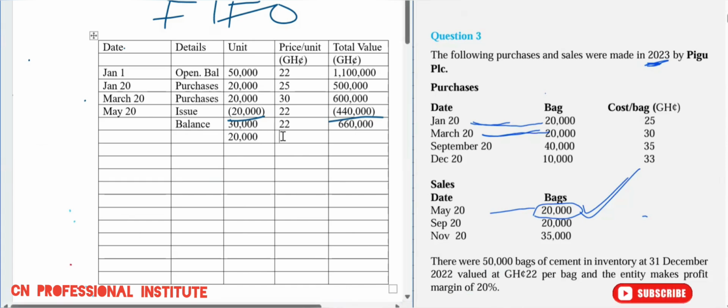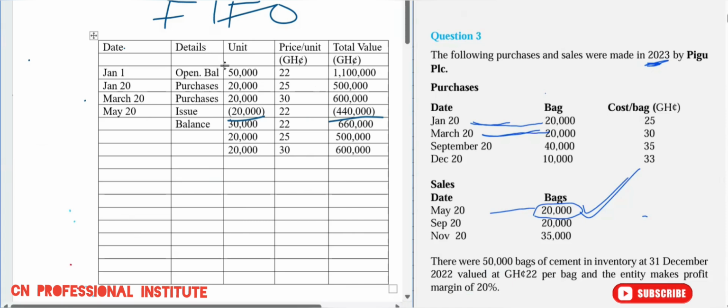So 20,000 at 25 first, and that should give us 500,000. And then we have the same 20,000 at 30, and that will give us 600,000, right? So this will be the balance after the sale.